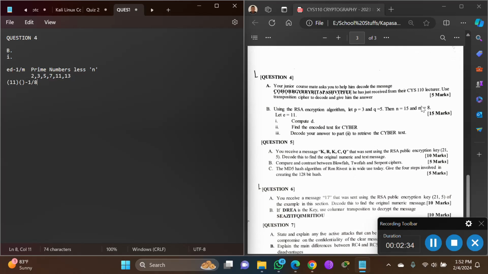To compute D, this blank space which represents D, we need to test out these prime numbers. If we get a whole number, it means that's our D from this list of prime numbers. Let me open up my calculator.